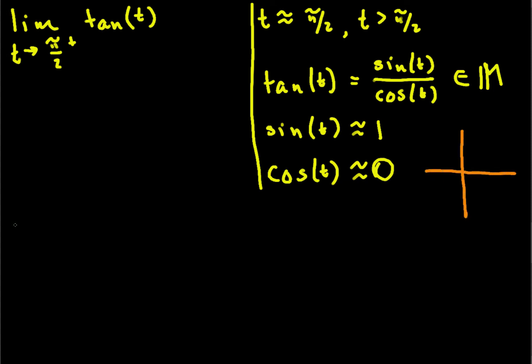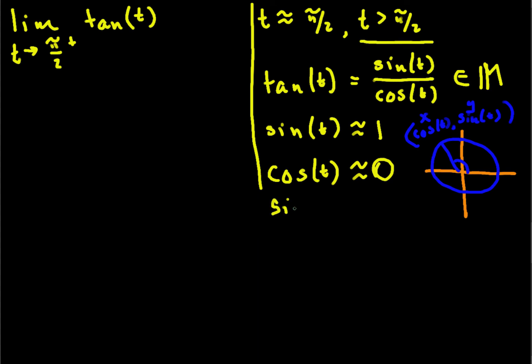If we draw the unit circle, corresponding to all the points cosine t, sine t, where the cosine is the x-coordinate and the sine is the y-coordinate, then if the angle is bigger than pi over 2, the x component is left of 0, in other words, negative.